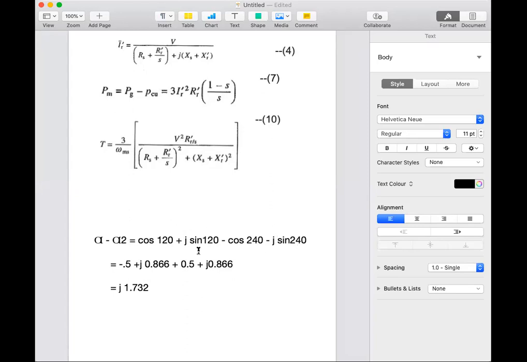Now if I substitute the values, cos 120 is minus 0.5 and cos 240 is again minus 0.5, so these two get cancelled. Sin 120 is root 3 by 2 and sin 240 is minus root 3 by 2. Substituting, we get j root 3, so alpha minus alpha square is j root 3.